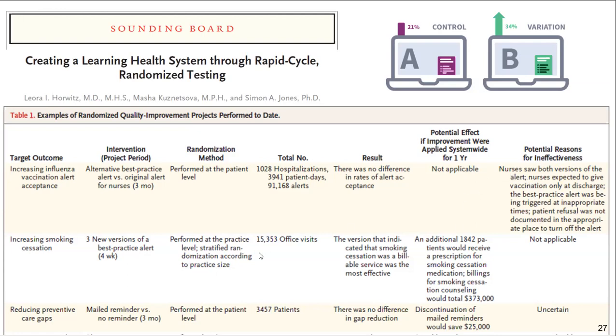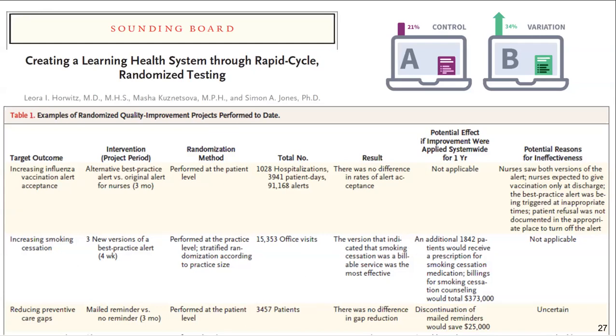So that one didn't work out. But for smoking cessation, they looked at different types of practice alerts. If the smoking cessation alert said that it was a billable service, that led to clinicians ordering it more. And so that wording was more helpful.